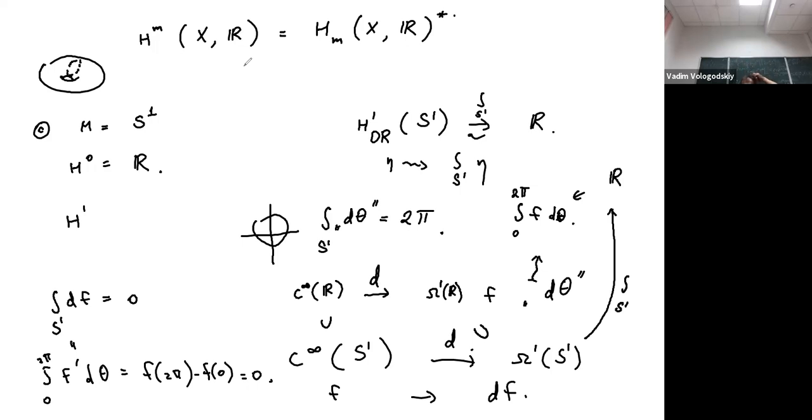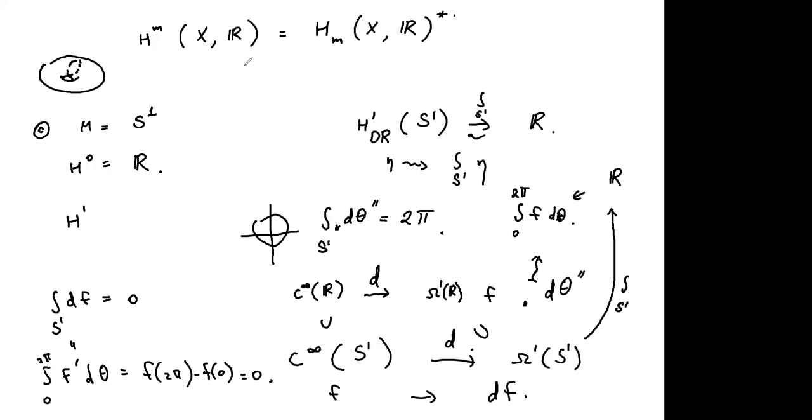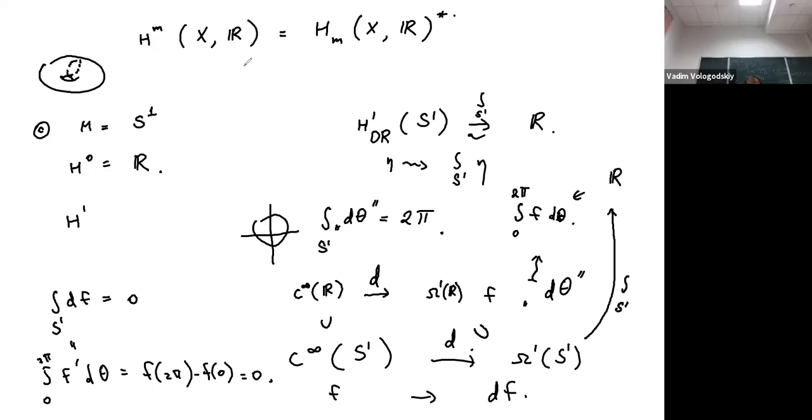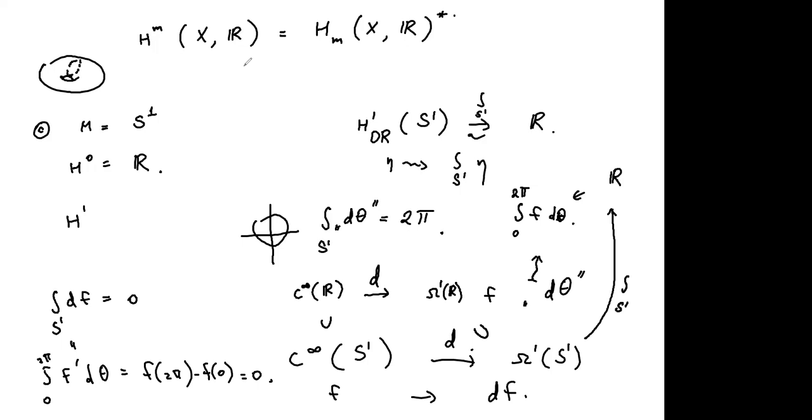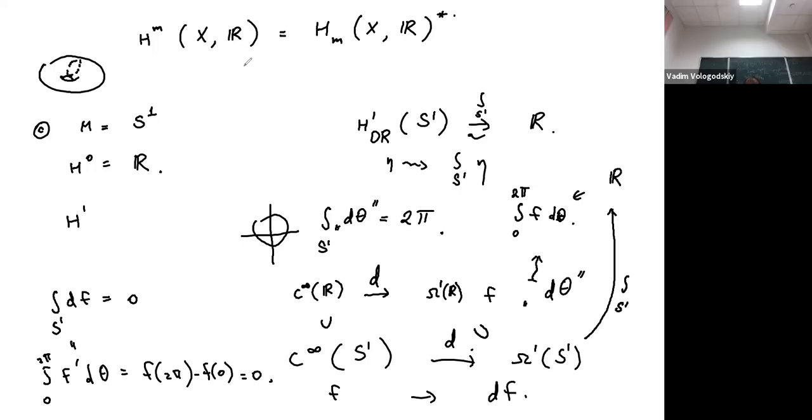Okay, does it answer your question? You mean that the role of de Rham cohomology is played by singular homology? Well, by the theorem. One way to formulate the de Rham theorem is that for any smooth manifold, the singular homology of this manifold is isomorphic to the de Rham cohomology. But saying that two spaces are isomorphic is not a meaningful statement, right?